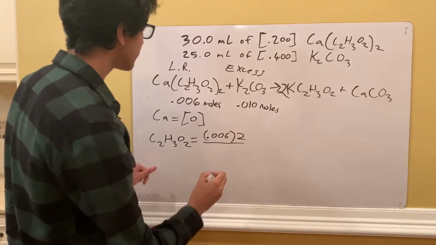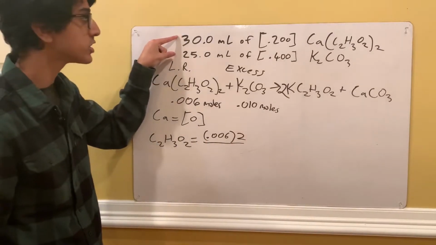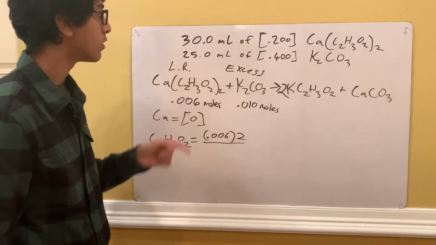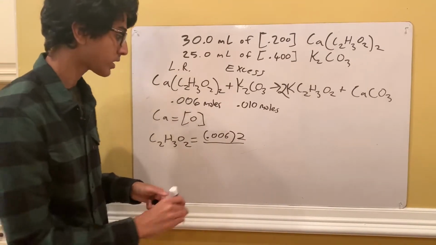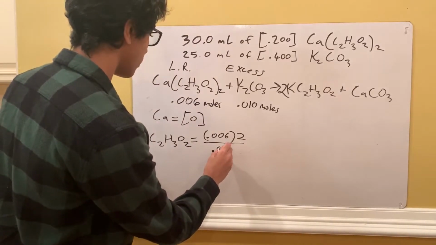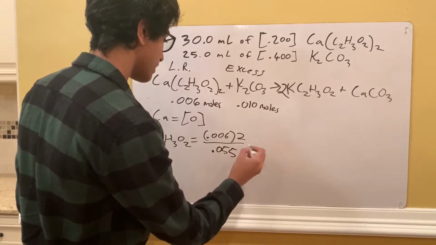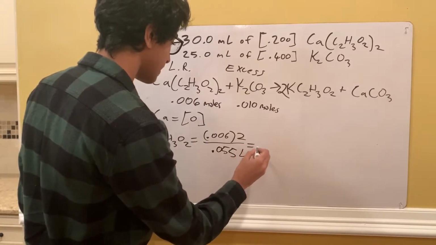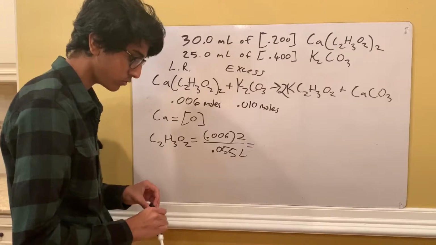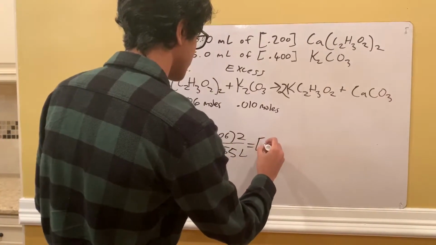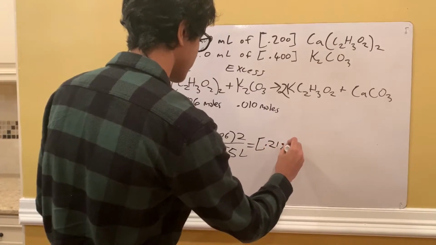And our new liters is the combination of this solution. So 30 plus 25 is 55 milliliters, and that's 0.055 liters. That is equal to 0.218, so we have a concentration of 0.218 for this one.